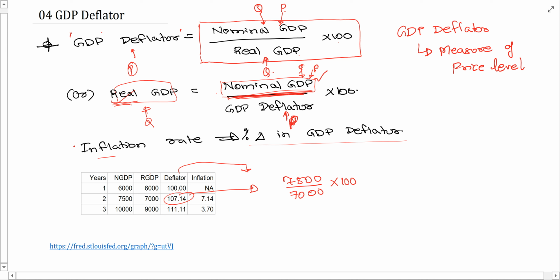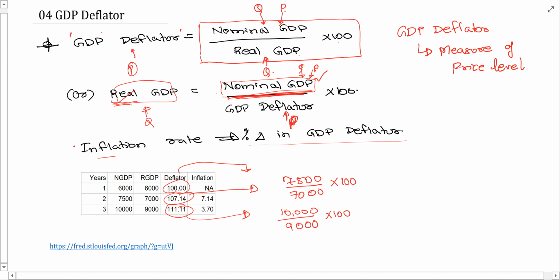That gives you 107.14. The deflator for year 3 is the nominal GDP of year 3, which is 10,000, and the real GDP of year 3 is 9,000. And then you are again going to multiply by 100, just so that the index number starts with 100. So that will give you 111.11.